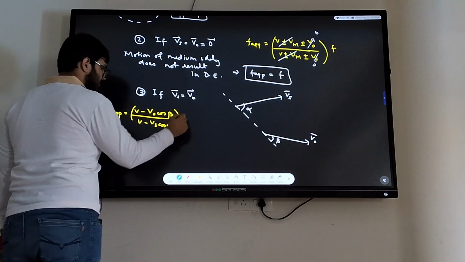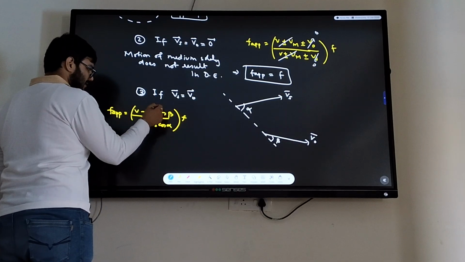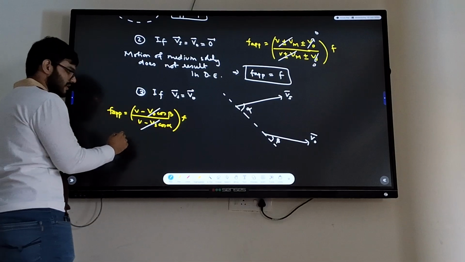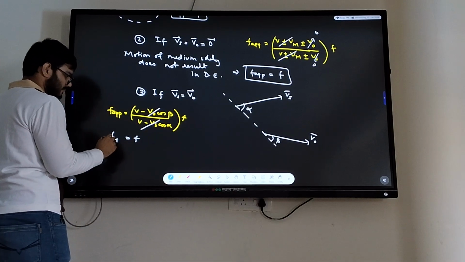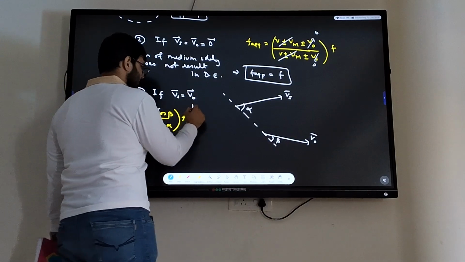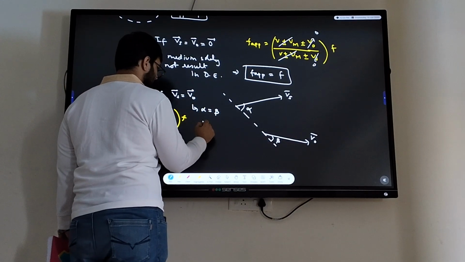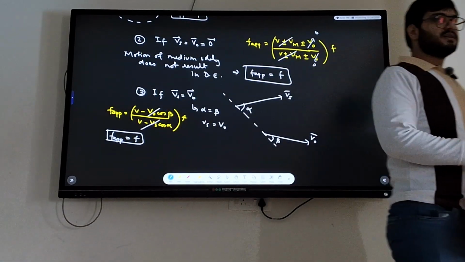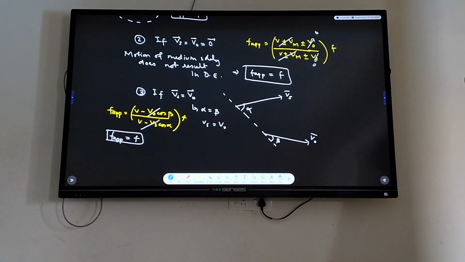What will happen to this formula? This will completely cancel, right? Numerator is equal to denominator and you will get F apparent equal to F. Do you get it? So these are the cases in which you will not find Doppler effect.